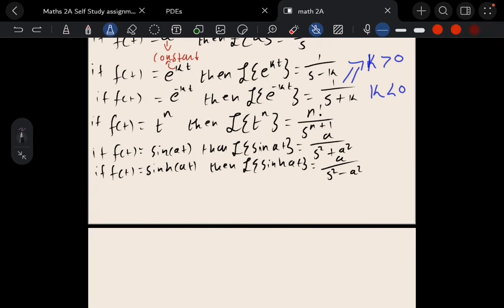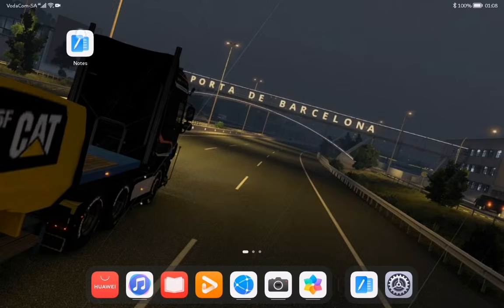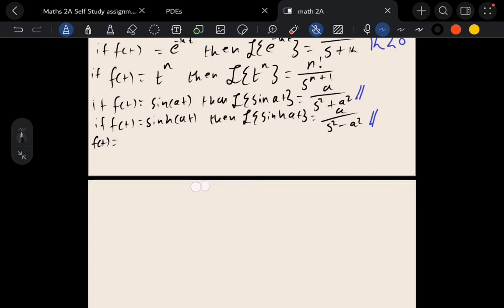For sine, it's going to be minus, but for sine, it's going to be plus. And the last two is that if f of t is cos a t, then the Laplace transform of cos a t is going to be s over s squared plus a squared.